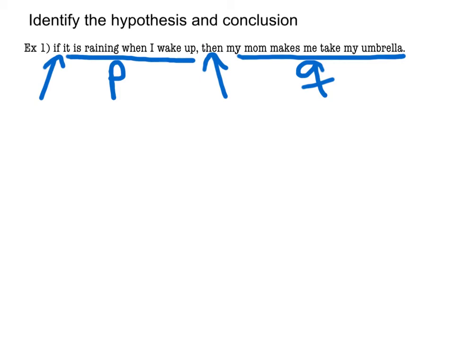Now, for example 2, I know I'm going to trip you up, so take a look at this one. Okay. A 5-sided polygon is a pentagon. Now, I know when you're looking at this, you're thinking, there's no if, and there's no then, and I know it's supposed to be here and here, or maybe backwards, but how do I know?